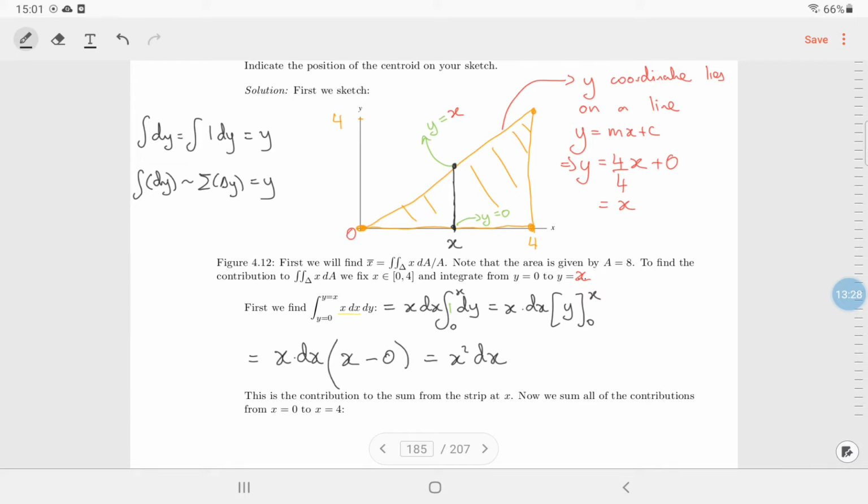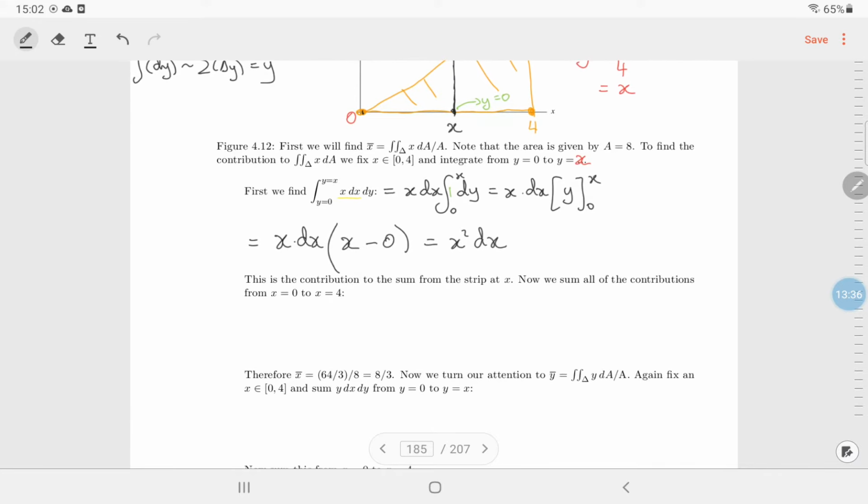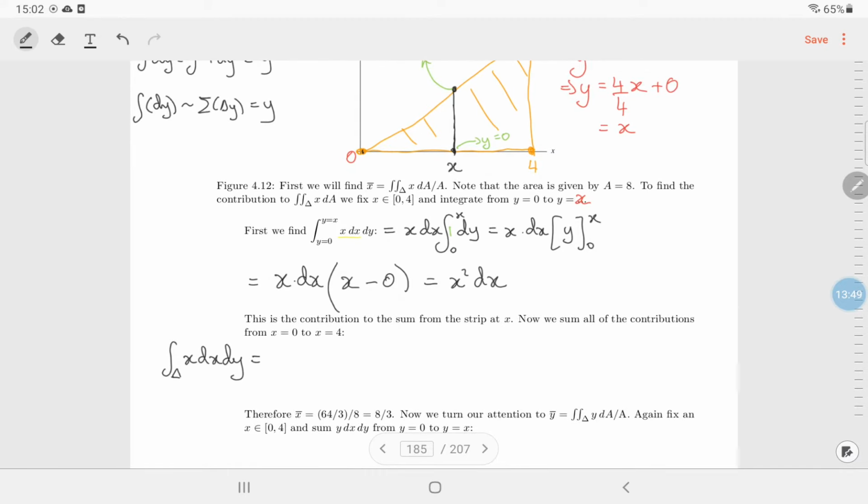Now we're trying to add up x dx dy over the entire triangle. So we need to add up the contributions from x equal to 0 up to x equal to 4. So adding up x dx dy over the triangle is equal to adding up the contributions from the strips at x, from x equal to 0 up to x equal to 4.